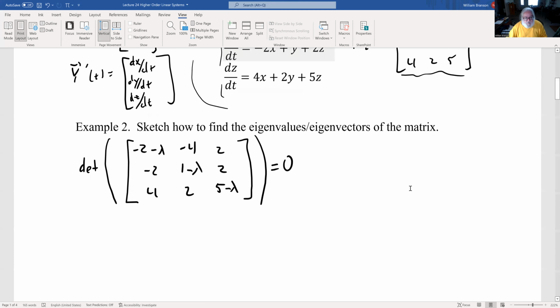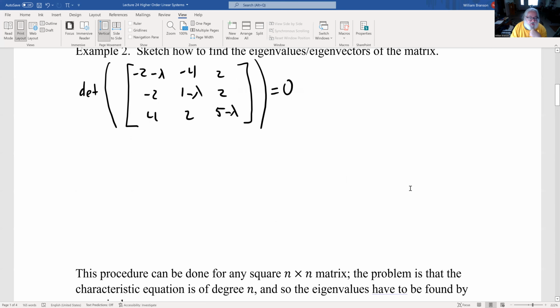So what's that? Well, if you remember when we were looking at 3 by 3 determinants, we set up our checkerboard, and we pick a row or a column to expand around. Here, there's no zeros anywhere, so we'll just go along the first row.